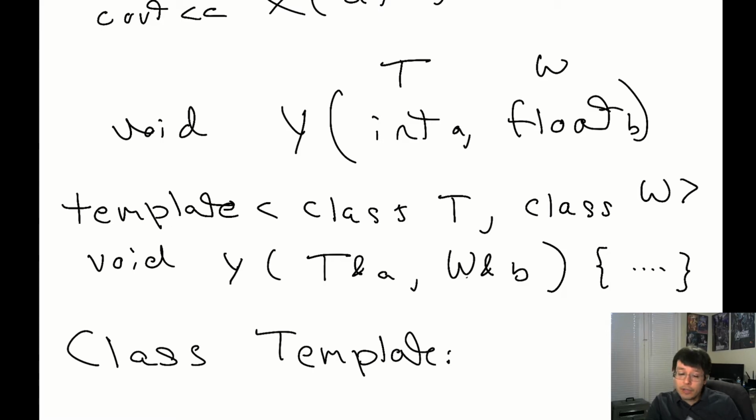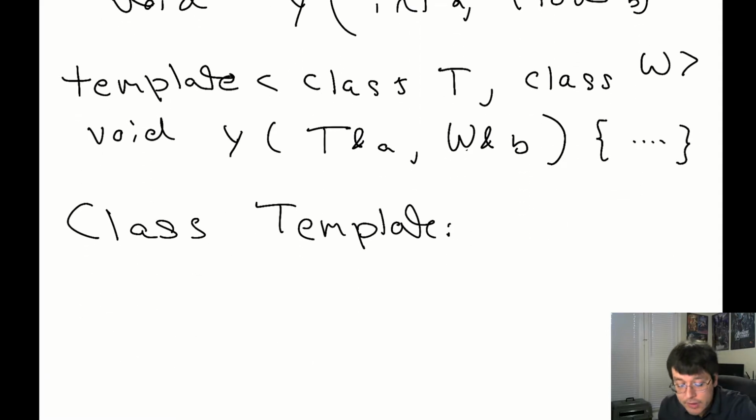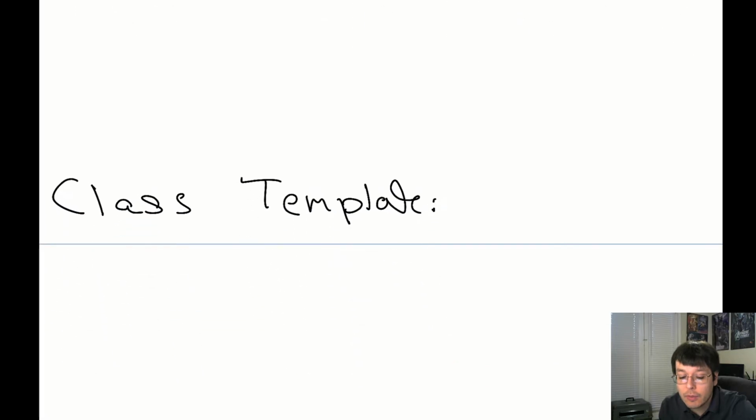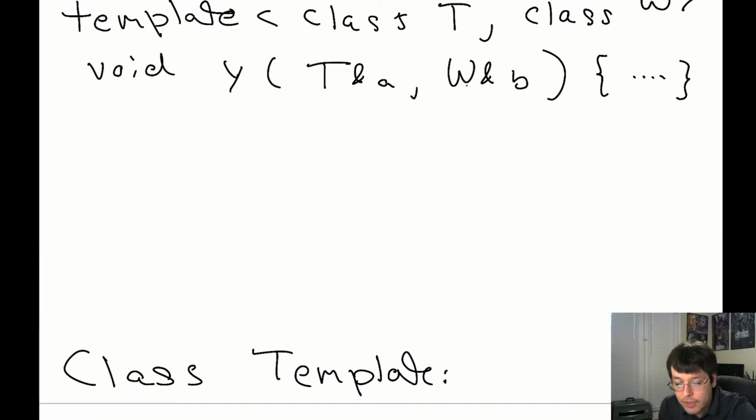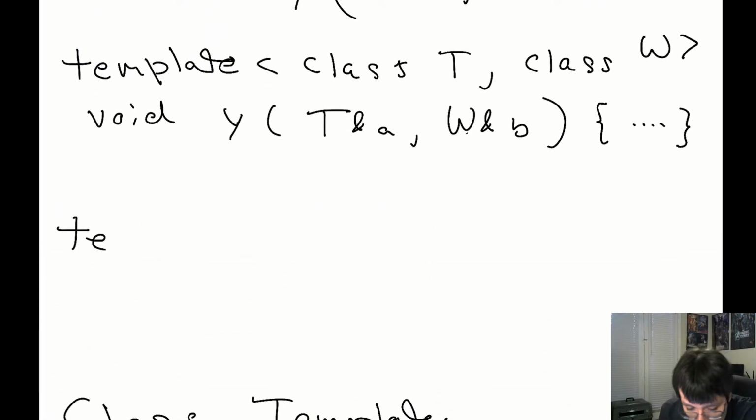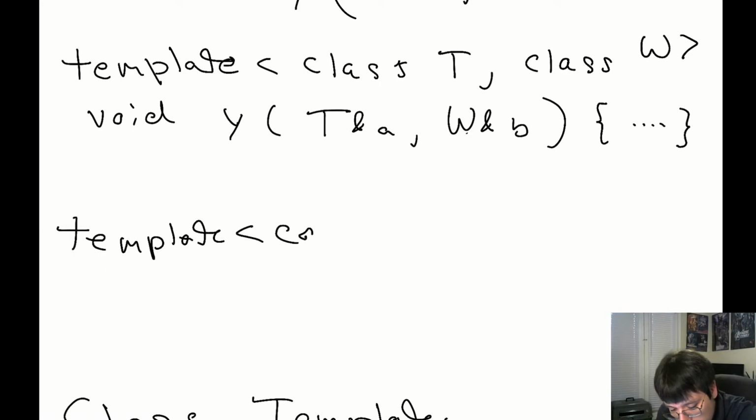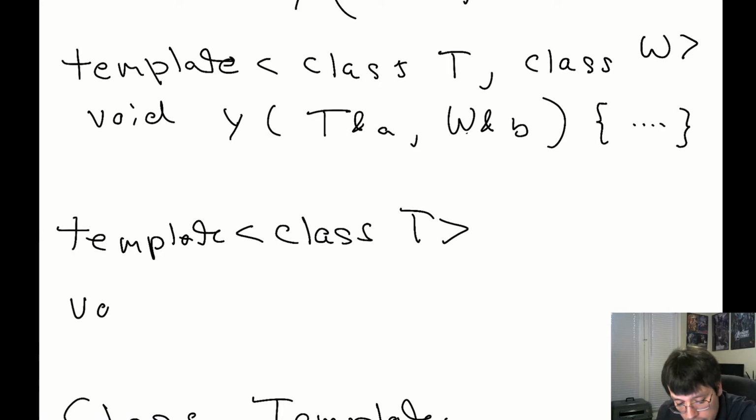So you can also mix and match. If you wanted one type to always be an integer, and the second one to be a template, you could do that. So you could do something like this. Let's just do function z.